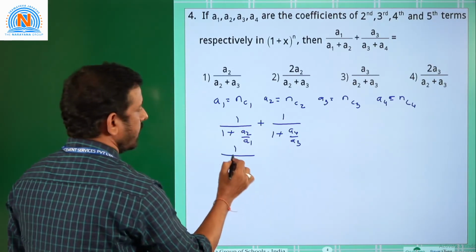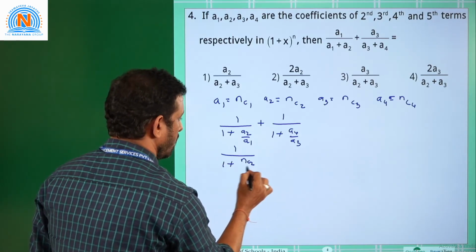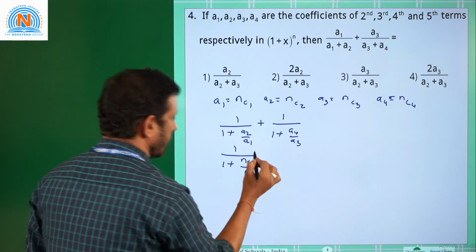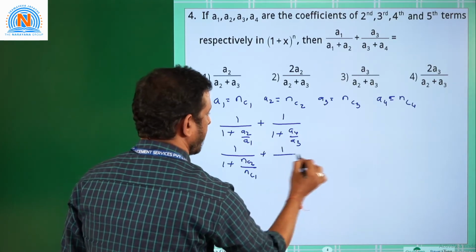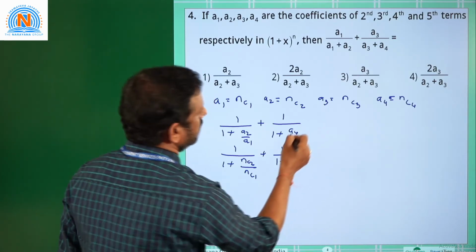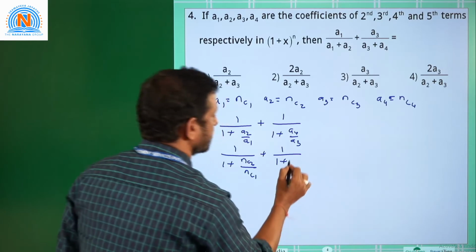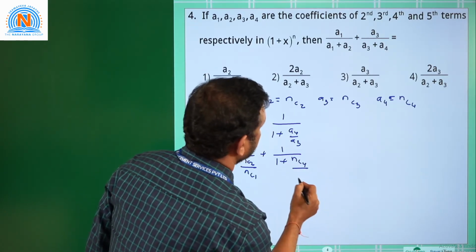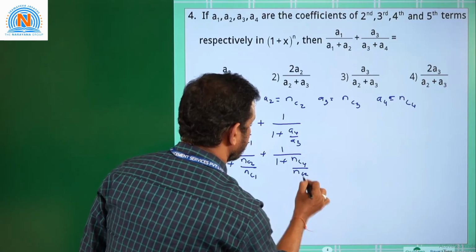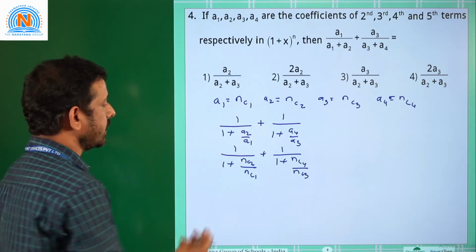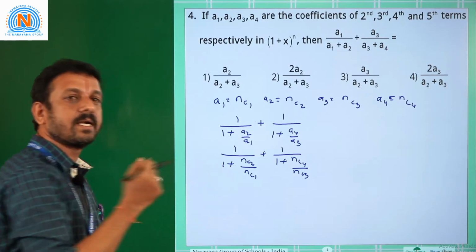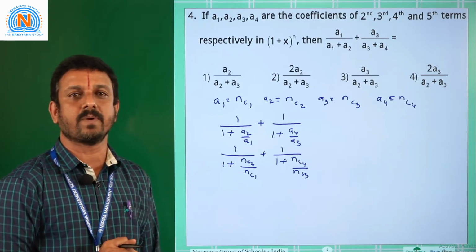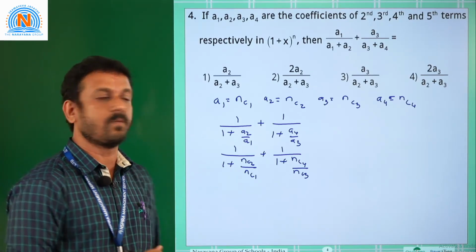So what we are going to get here is 1 by 1 plus nC2 by nC1, plus 1 by 1 plus the value of A4, nC4, by the value of A3, nC3. This is similar to the previous condition, nCr by nCr minus 1 equals (n minus r plus 1) by r.